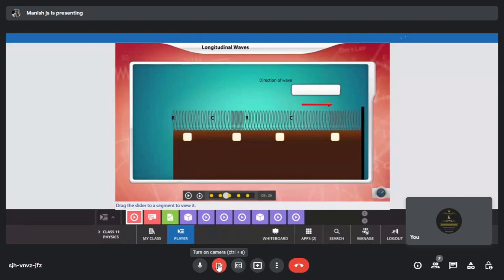So what is compression? What is the difference between compression and rarefaction? Anybody? What do you mean by a compression and a rarefaction in a slinky or a spring? Yes, who can tell? Where the coils are more tightly packed is compression. Okay. Where it is loose is rarefaction. Rarefactions, yes.